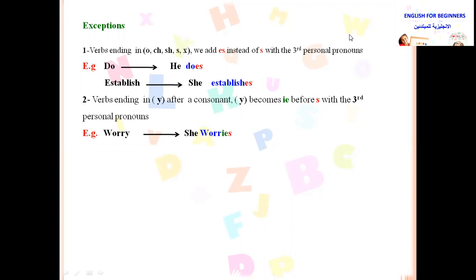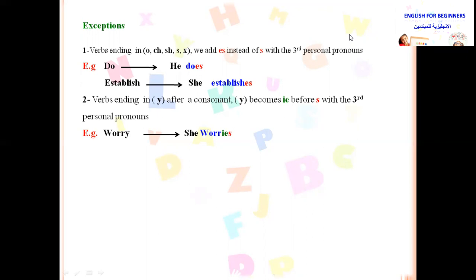Okay, concerning the second one, which is the verb ending in y after a consonant. We have some verbs that end with the letter y and are preceded by a consonant, like t, p, etc. Here, the letter y becomes ie before adding the letter s with the third person pronouns always.